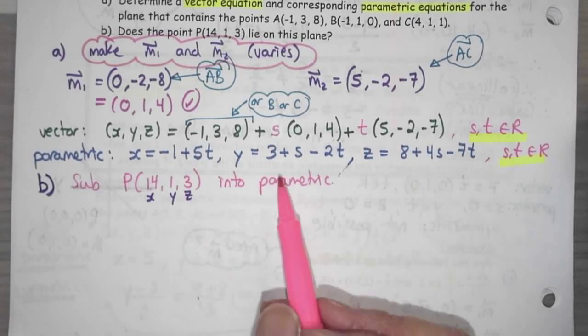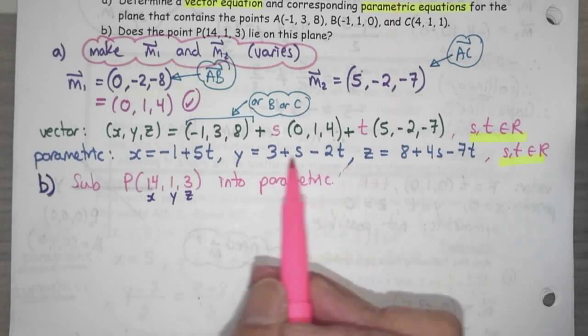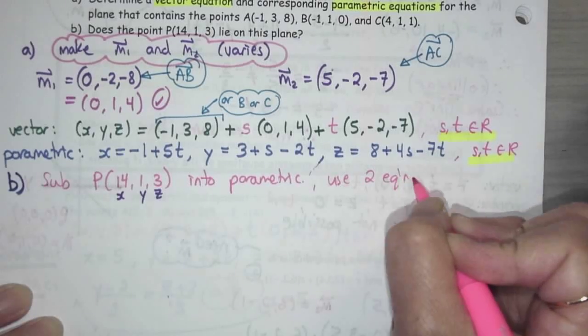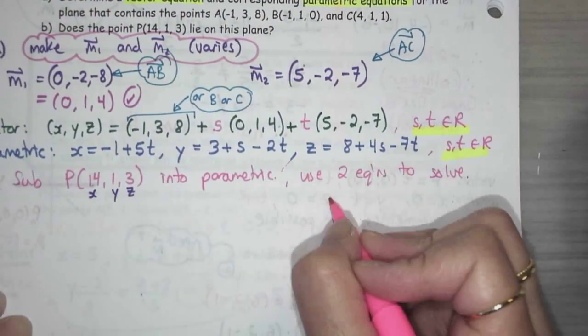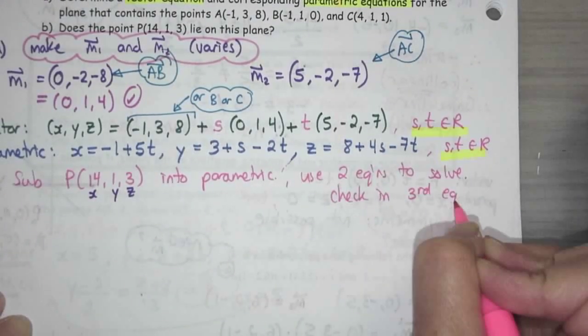So you need 2, but I have 3. So what we're going to do is what we did before: use 2 equations to solve, and check in the third equation.